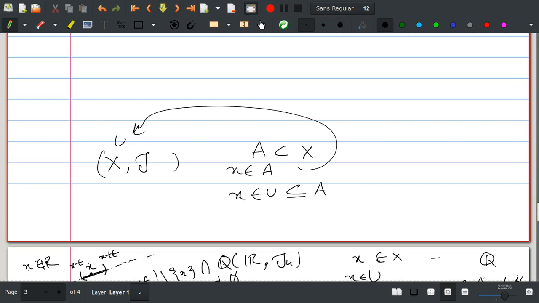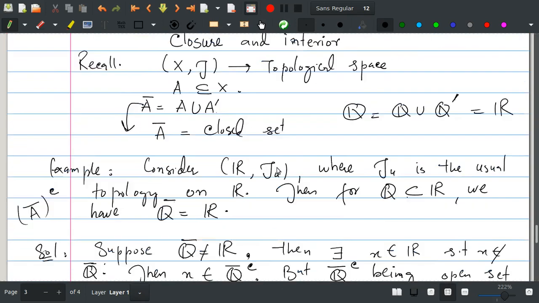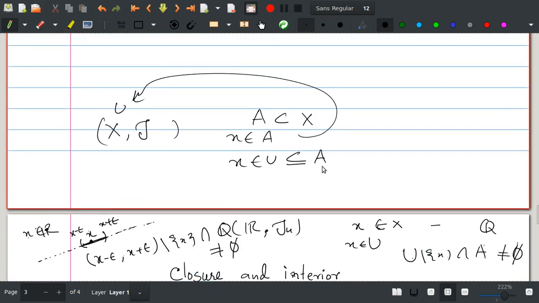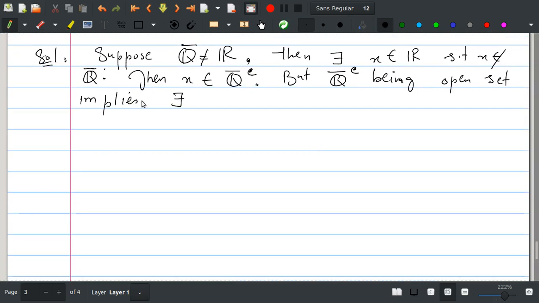So if this is true for any X in A, then A is said to be open, or in other words this means A is the union of open sets. So now Q complement being open, therefore for this X in Q complement there exists an open set.